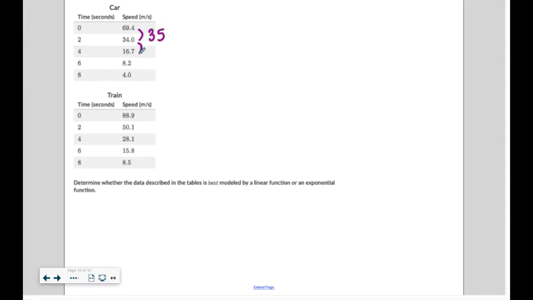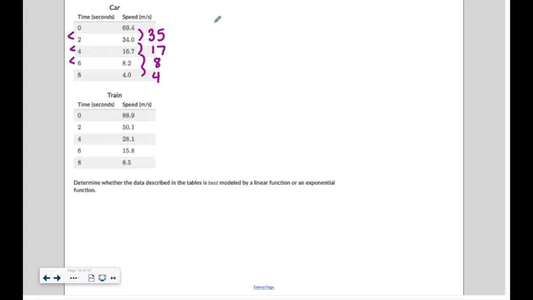And this one's going down about maybe 16, 17, and then this one's going down by 8, and this one's going down by 4. So I can see already it's not going down at a constant rate since all the x's are going down by 2. So that's not going to be linear.